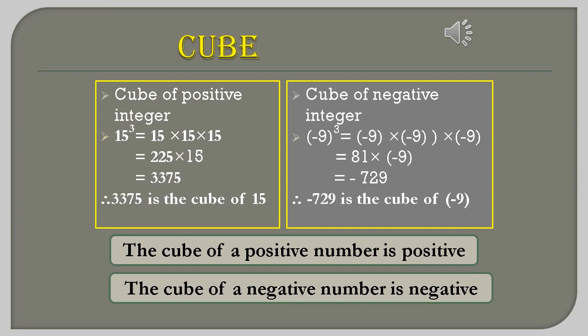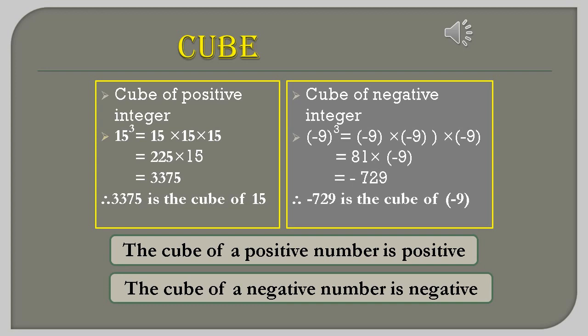Till now, we have considered the cube of positive integers only. Let us consider the cube of negative integers. Let us take the number minus 9 raised to 3. When we multiply minus 9 3 times, we will get minus 9 into minus 9 as 81 multiplied by minus 9, which is equals to minus 729.